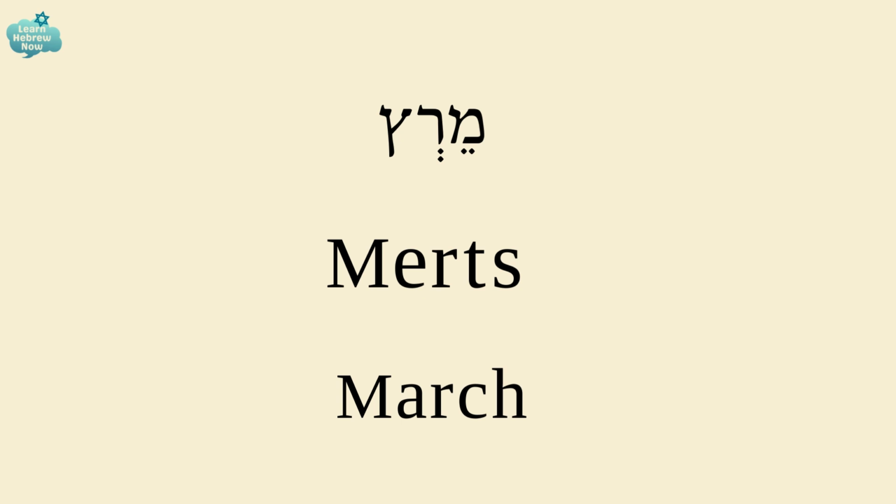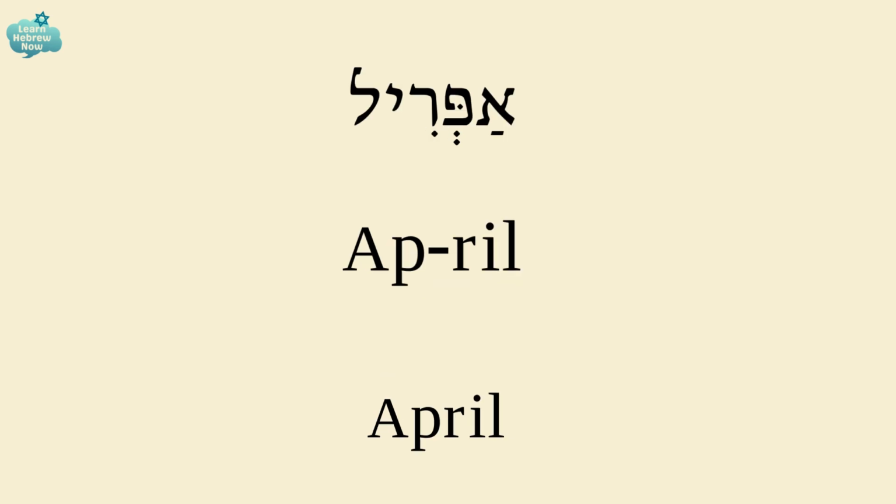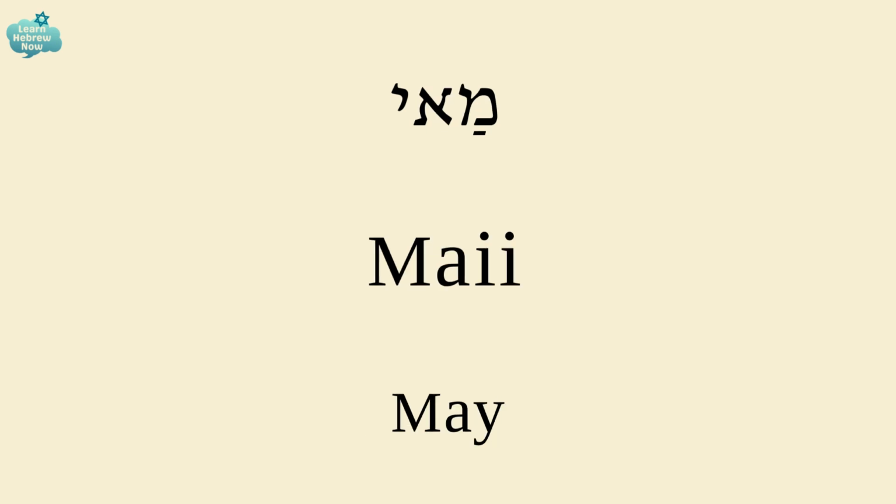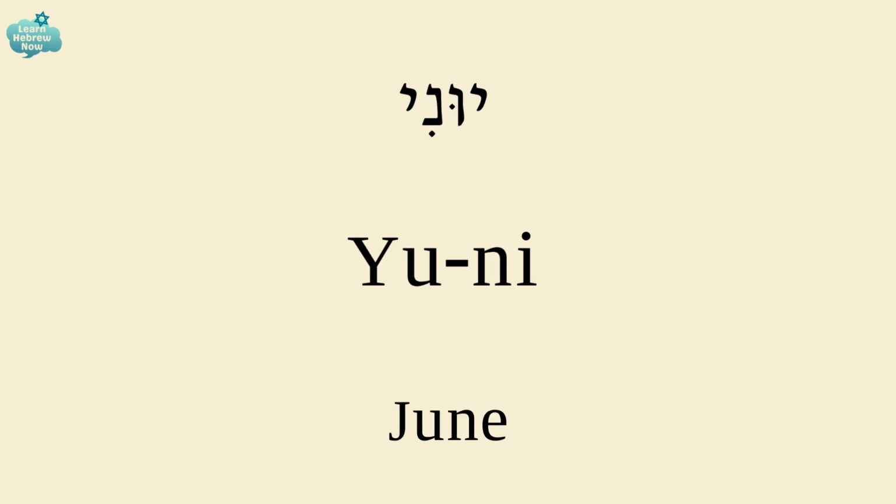The name for April is April. The name for May is Mai. The name for June is Juni.